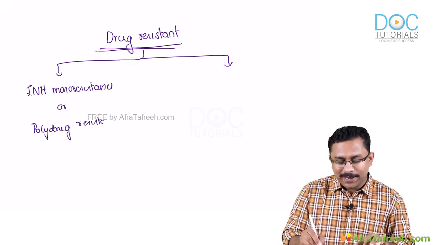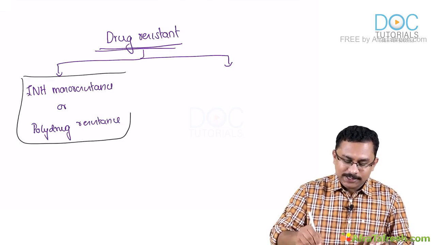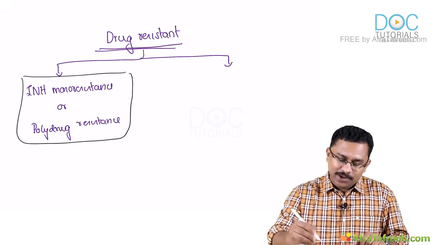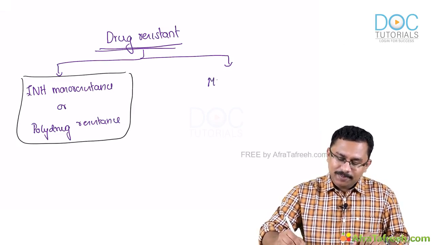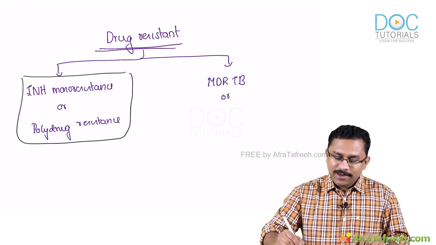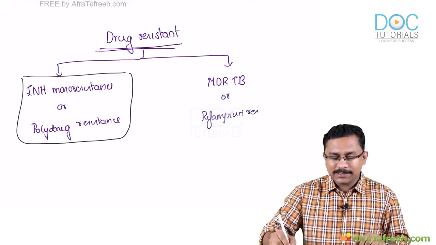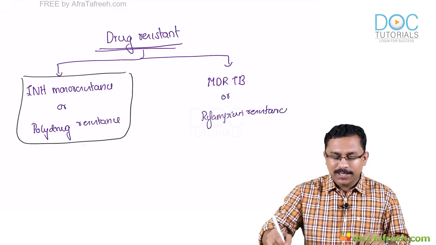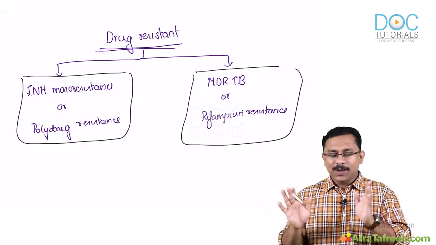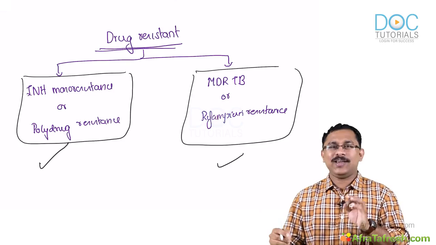These two belong to one category because the treatment for these two would be the same. Then you have the second category where you have either MDR TB or rifampicin resistance. For these two also the treatment would be the same. Now let's see how do we treat these. That is what we are going to learn.